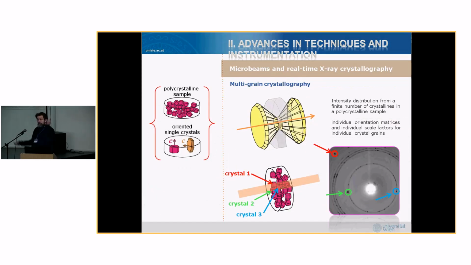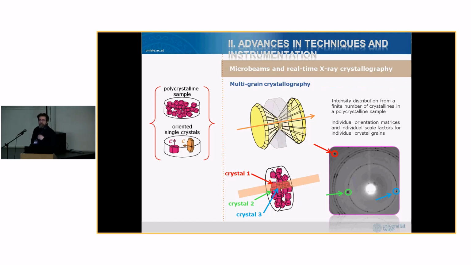On the other hand, the smaller the beam you make, and especially if you don't have a single crystal, you have the problem that you catch not as many crystals anymore. That means on the pathway through a powdered sample, it may be that your small beam is hitting only a finite number of crystallites.